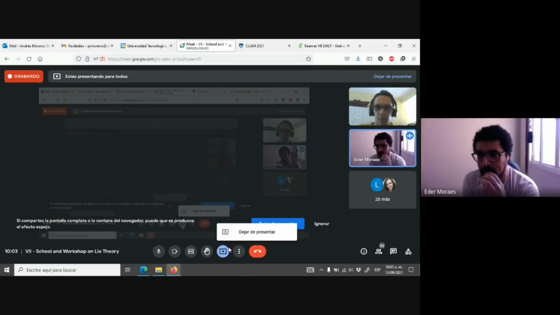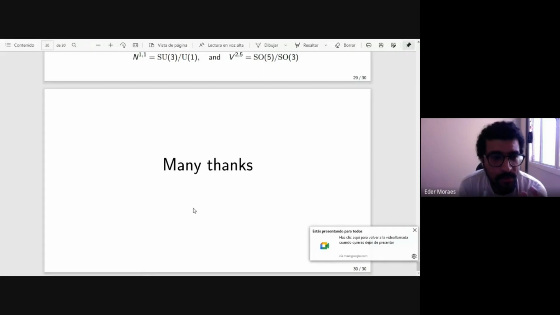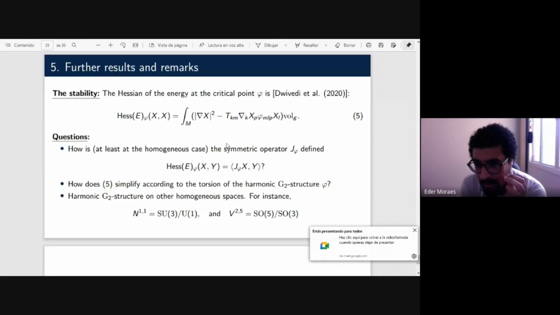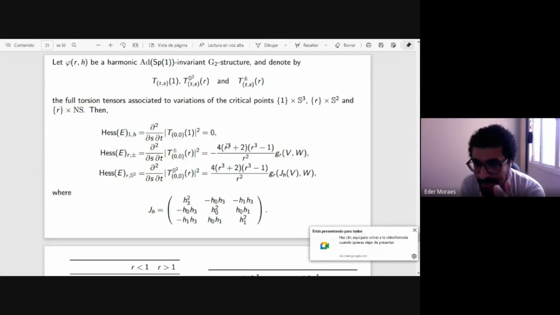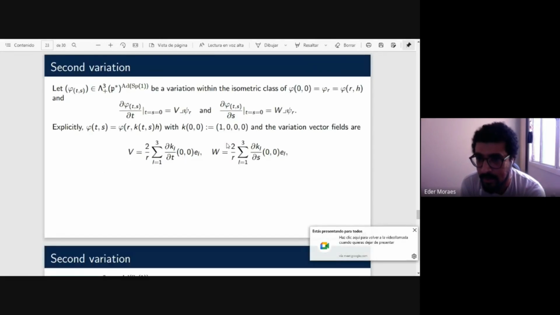So I have a question, Andrés. Is there any relation between these homogeneous invariant G2 structures and the underlying 3-Sasakian structures which we have in the S7 sphere?